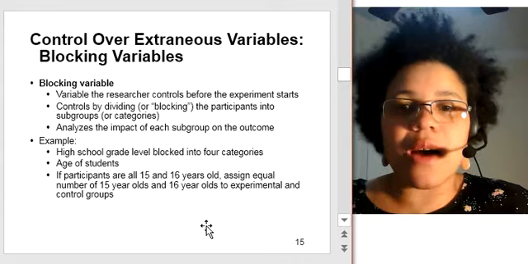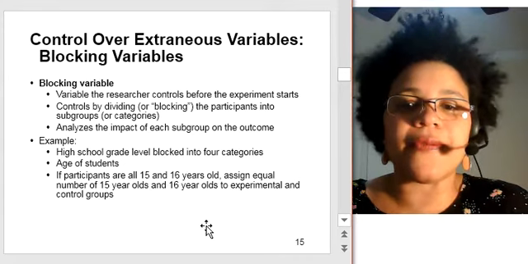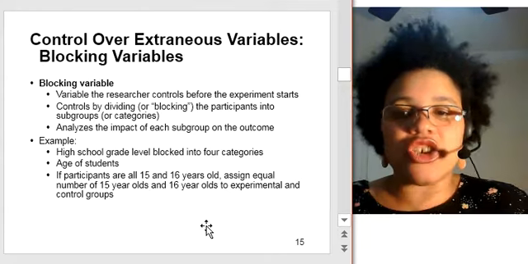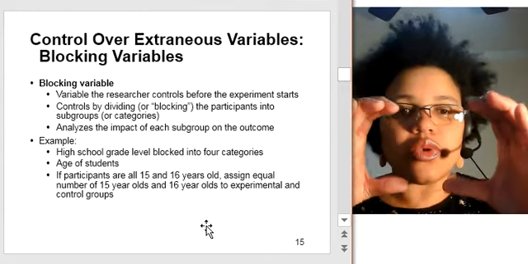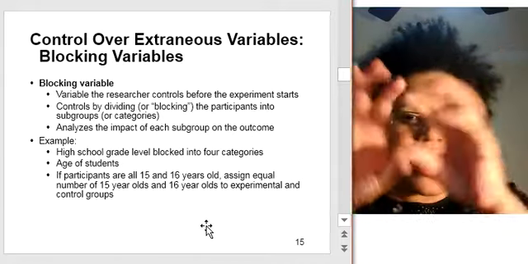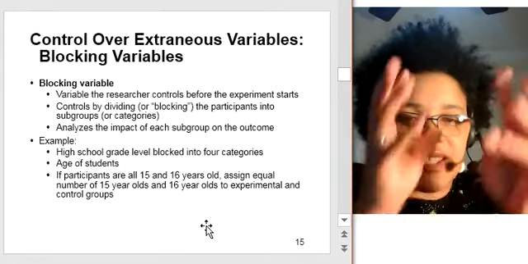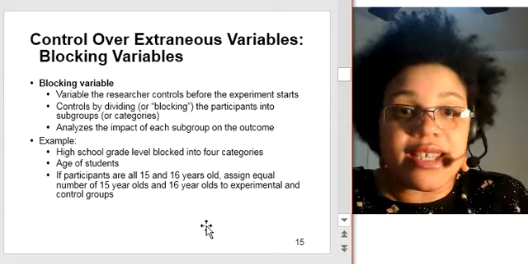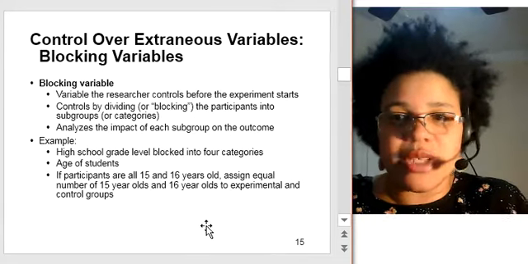Blocking. This is when you divide the participants into subgroups or categories, and you then decide, okay, this group is going to get this, this group is going to get that. Often grade level is a blocking characteristic.